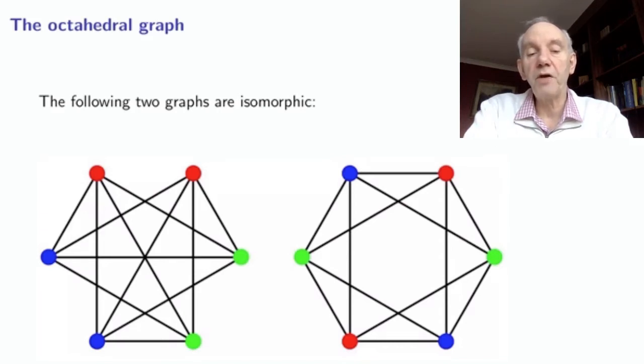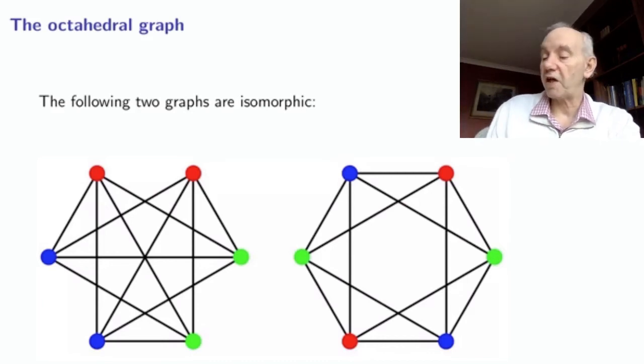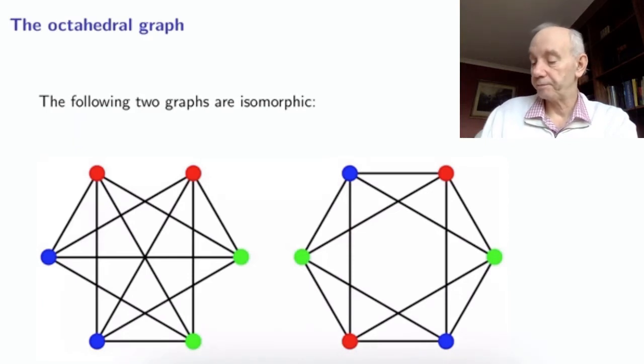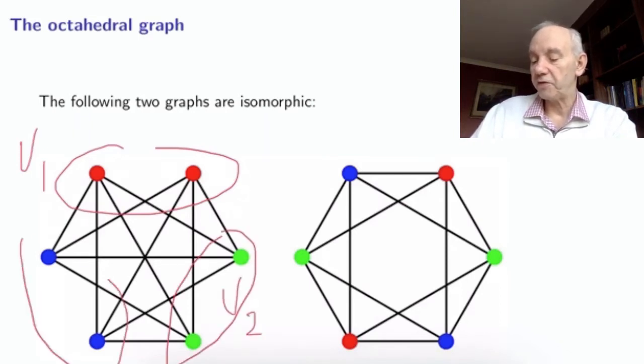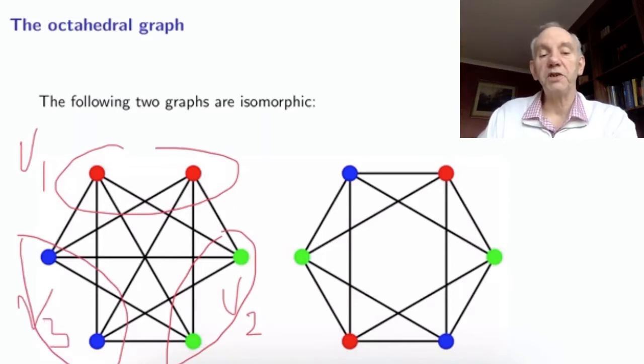But let me start with the one on the left, where I've coloured the vertices so that adjacent vertices do not have the same colour. This is the subset V1, red; green is subset V2, and blue, these 2 vertices form the subset V3. And we've got all possible edges between those subsets.